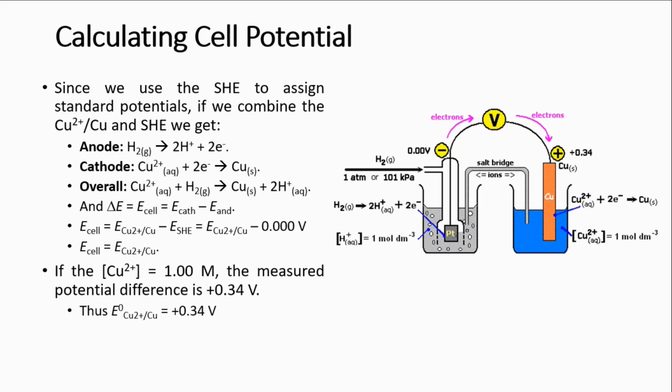So when we said cathode minus anode, since the SHE is 0, then the cell potential is equal to just the potential generated by the cathode. And the potential generated by the cathode is due to reduction of copper 2 plus ions, because that is what occurs at the cathode. Now, we will discuss some other stuff in our next lecture, or in part B of this lecture.